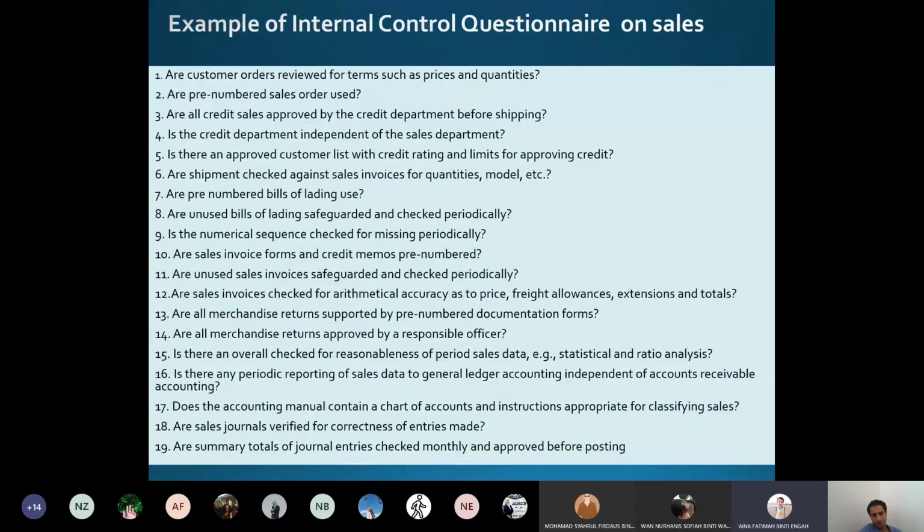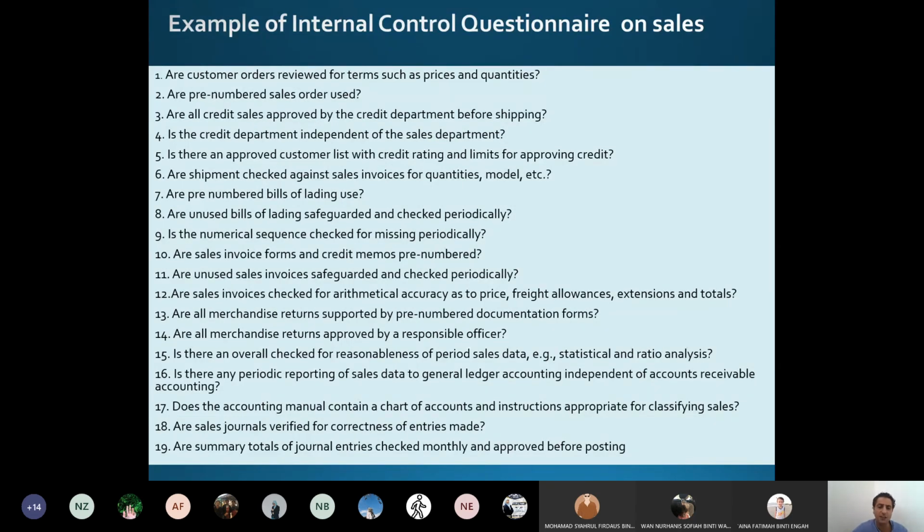Is there an overall check for reasonableness of period sales data, for example statistical and ratio analysis? So in number 15, we check whether the company has analytical procedures or ratios to check the sales data in terms of sales turnover, inventory turnover, and accounts receivable turnover, in terms of time and also in terms of percentage.